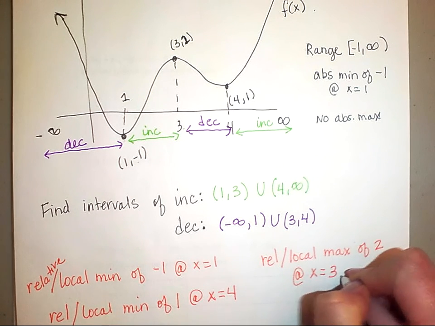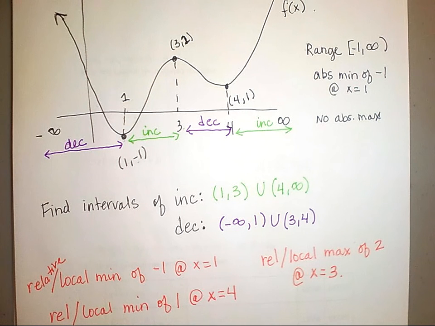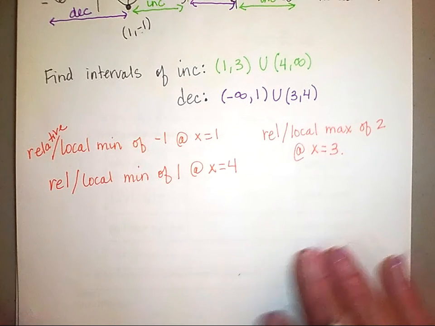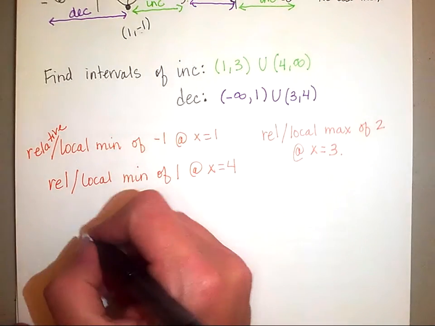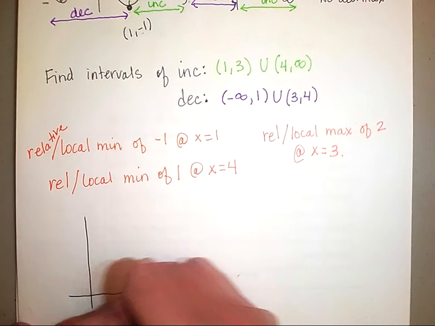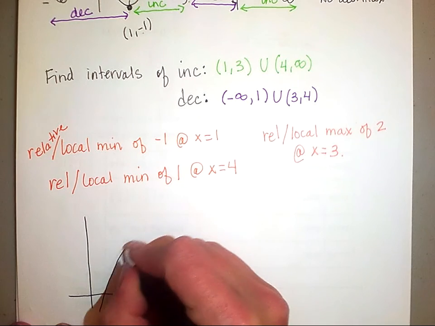This turning point is also important. Just in this area, it provides a relative or a local maximum. Okay, so if we're just looking at that, we have a relative or local maximum of 2 at x equals 3. I hope that makes sense.